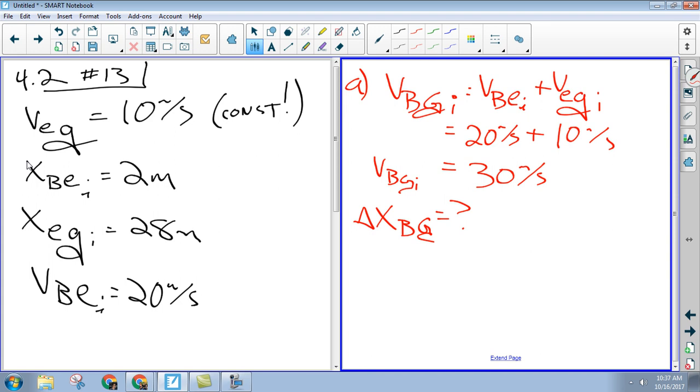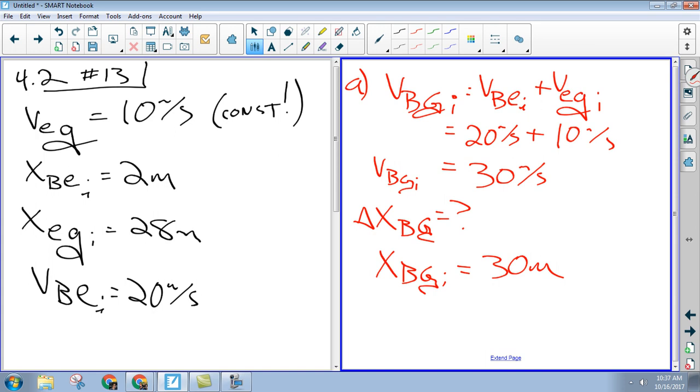Sure. So the position of the ball relative to the ground initially is 2 plus 28, right? Do you guys see that you're just doing BE plus EG equals BG? Everybody cool? Anybody unhappy? Okay, cool.